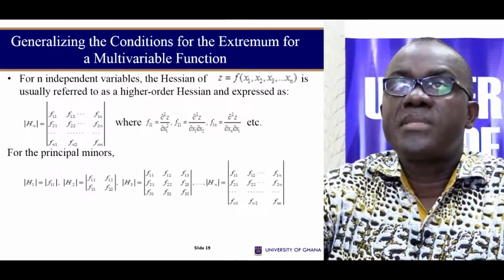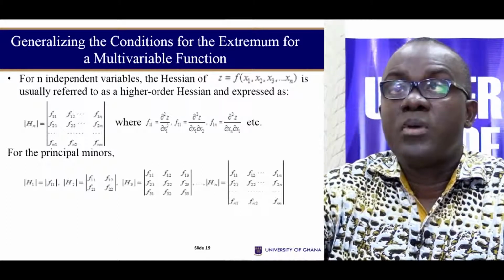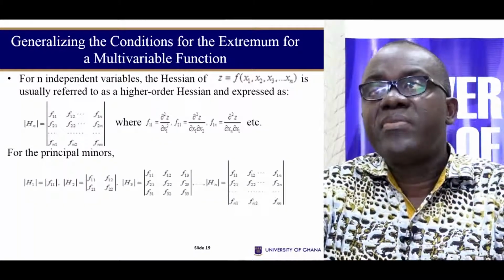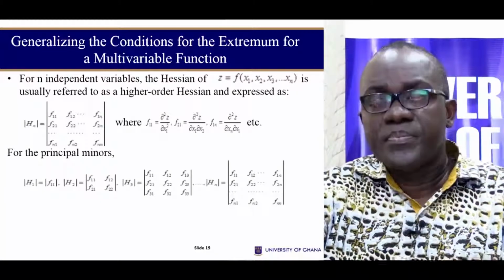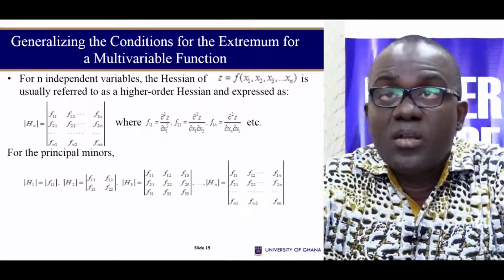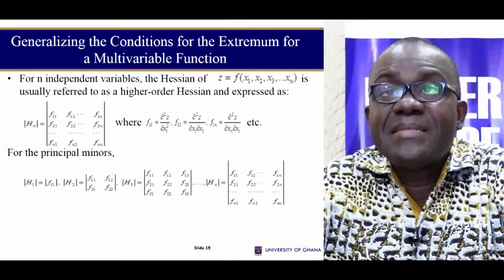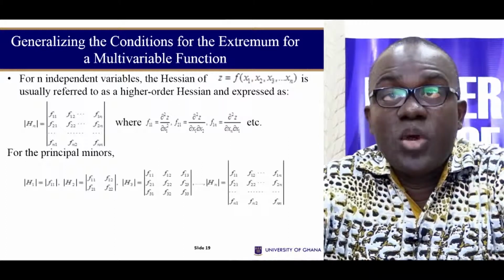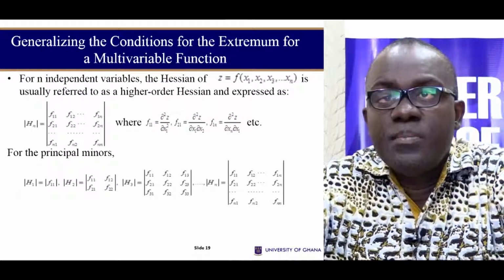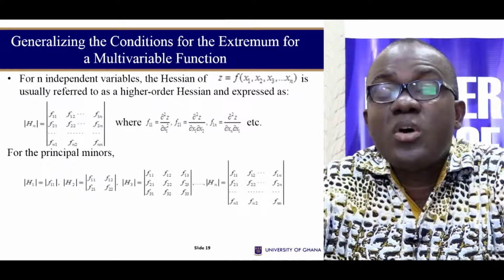So what stands over here are the second order cross partials, what stands over here are the second order cross partials, and then you have this condition. Now, once you have the second order, I can call this an n-dimensional Hessian, because we have n inputs.